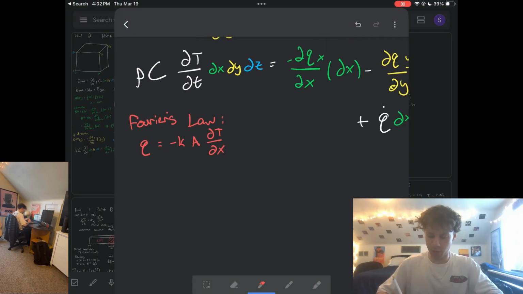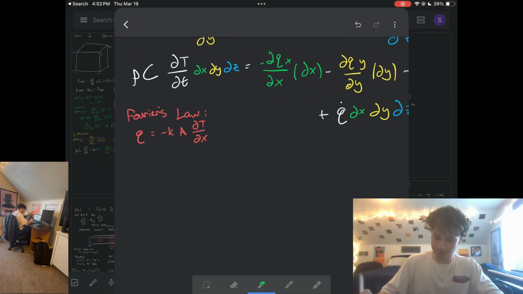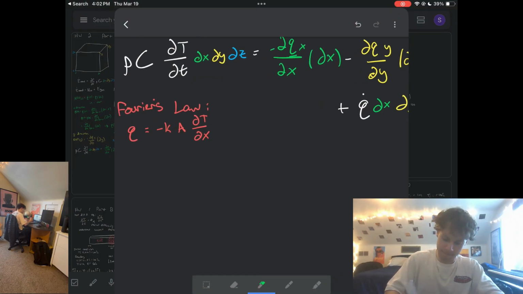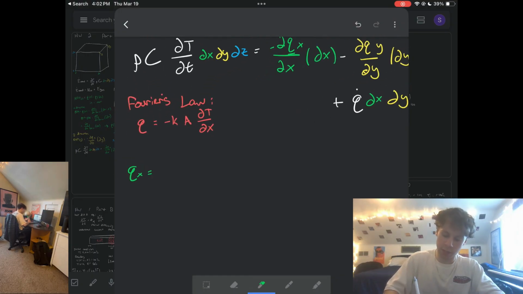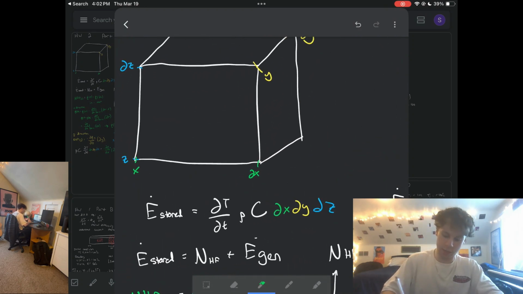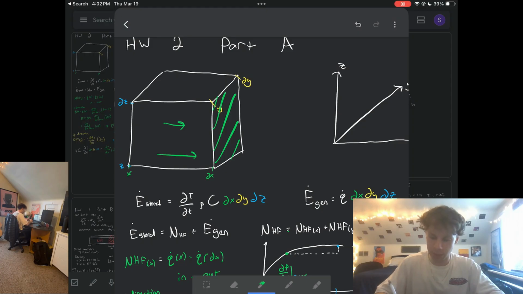Okay, so we'll start with our x term. So for this qx term, we'll say Qx is equal to our negative thermal conductivity times our area. So if we are evaluating the area in the x direction, we'll use this surface here. And the area of our surface would be our dy times our dz.